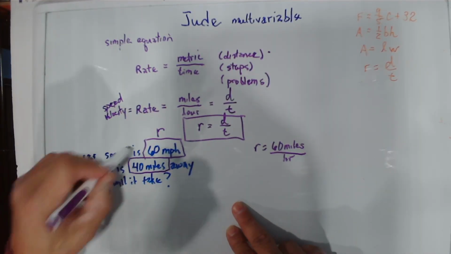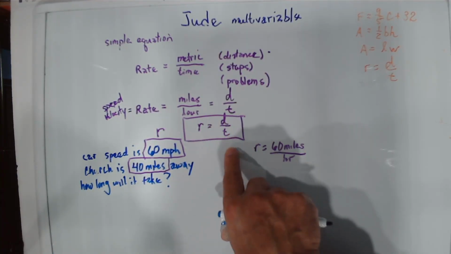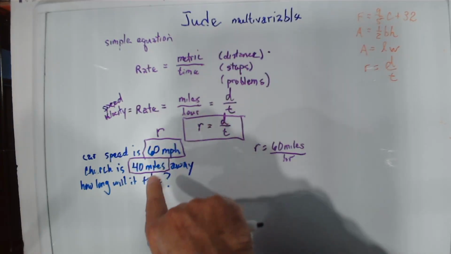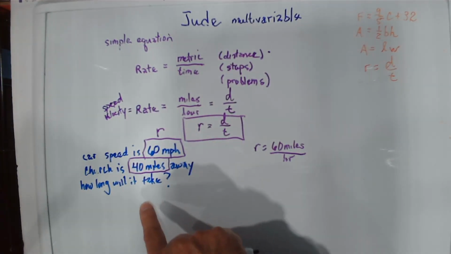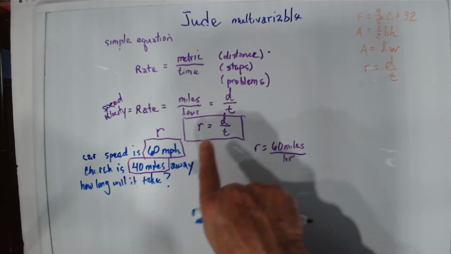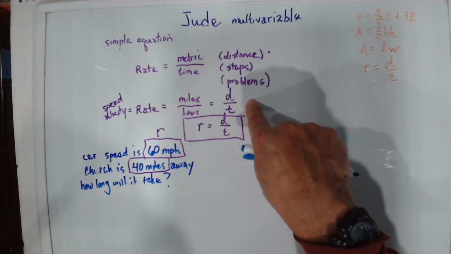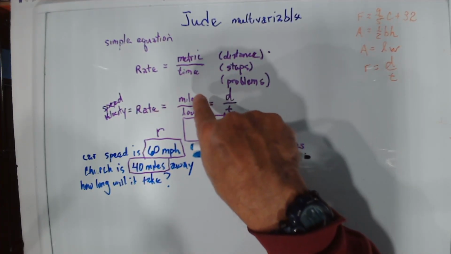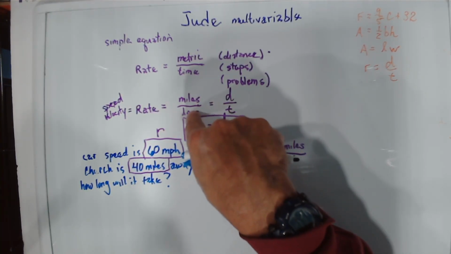Okay, and so I'm going to ask you the same question. Is that the R, the D, or the T? Let's see, the rate is miles per hour. This is just miles, so it can't be R. The D is distance, and the distance is a distance unit, in this case miles, and time is in hours.